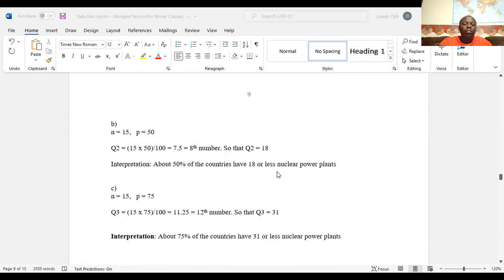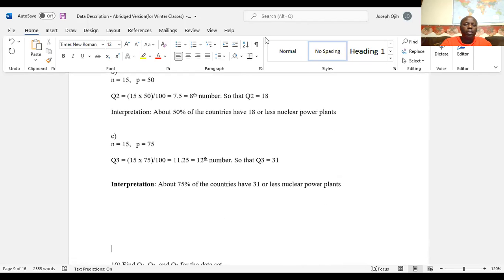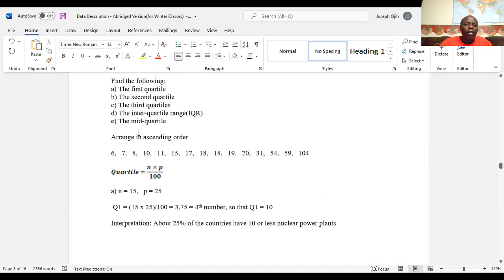Now, part D of the question said to find the interquartile range.